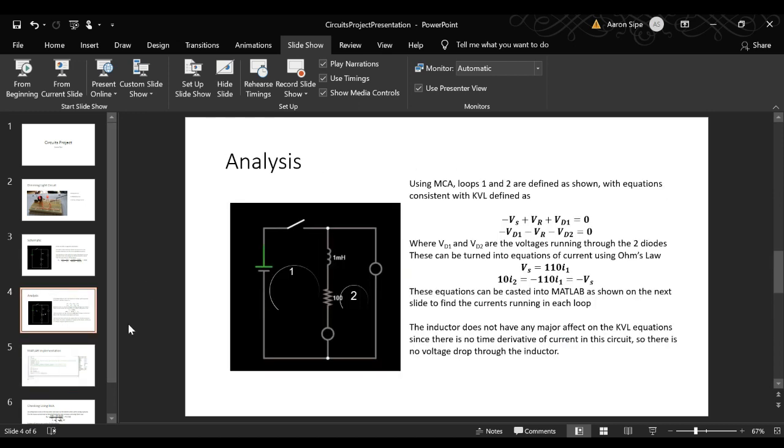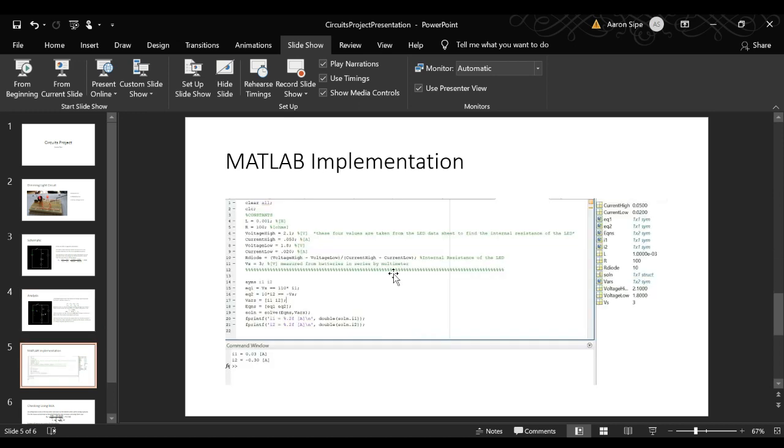Doing that, we'll find that if using the idealized value of 3 volts for the voltage source, you'll find I1 to be approximately 0.027 or 0.03 amps, then I2 will always be negative 0.3 amps using that 3 volt value for the voltage source.